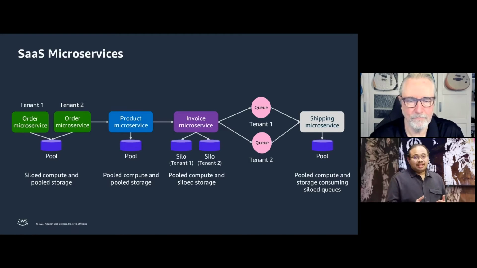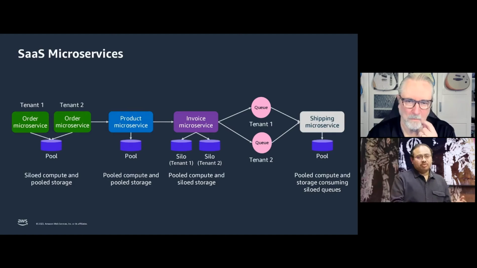And in that case, mature DevOps practices are definitely going to be a strong factor. If you're able to automate the deployment process of that monolith into different silos, you can move to the silo model.